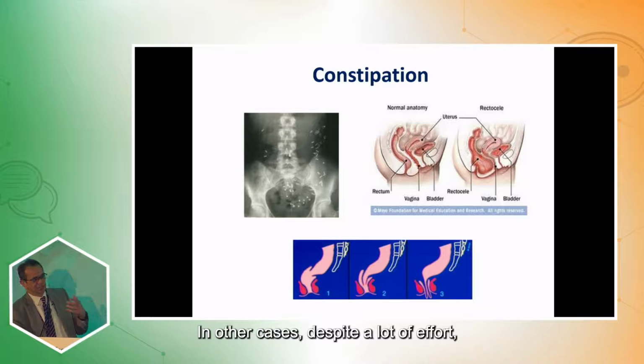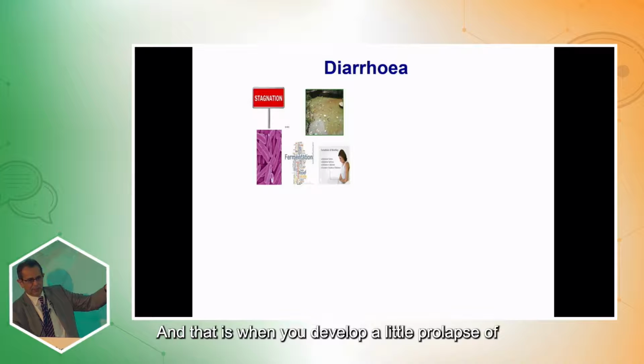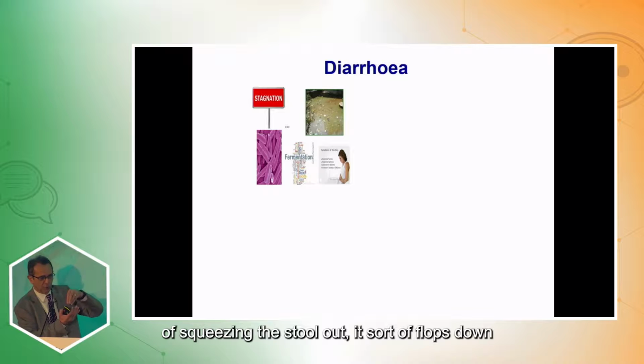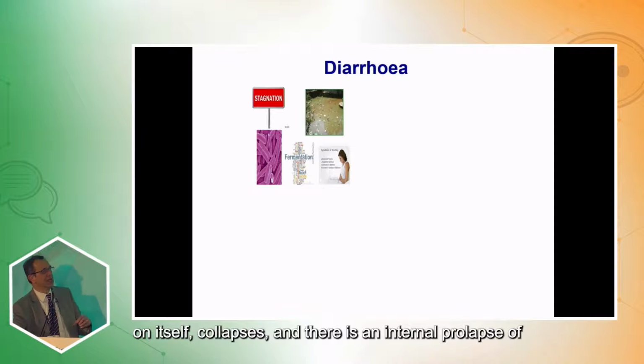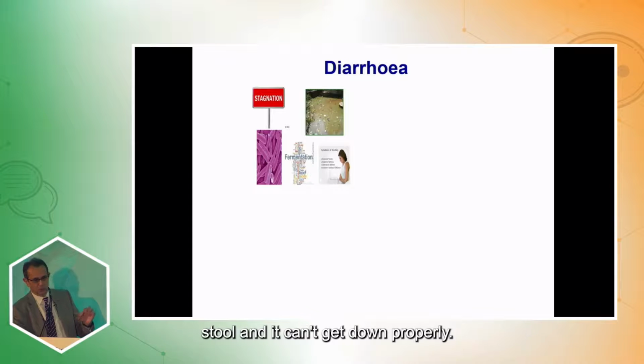In other cases, despite a lot of effort, a lot of straining, nothing much happens, and that is when you develop a little prolapse of the bowel, so that when you strain, instead of squeezing the stool out, the rectum sort of flops down on itself, collapses, and there is an internal prolapse of the rectum called an intussusception, and that can trap the stool so it can't get down properly.